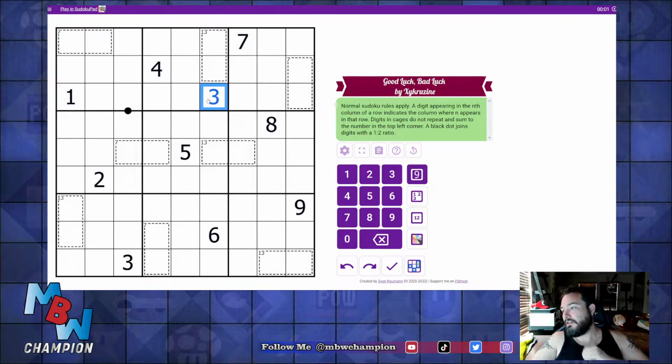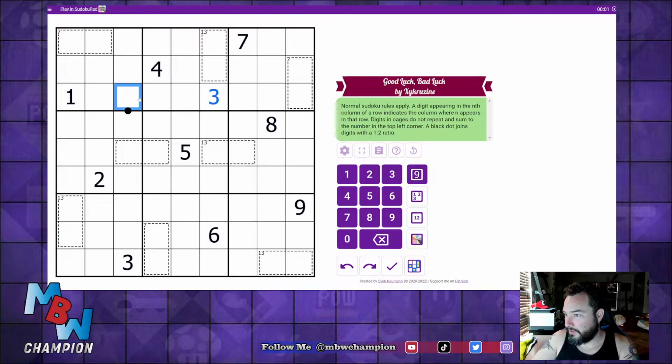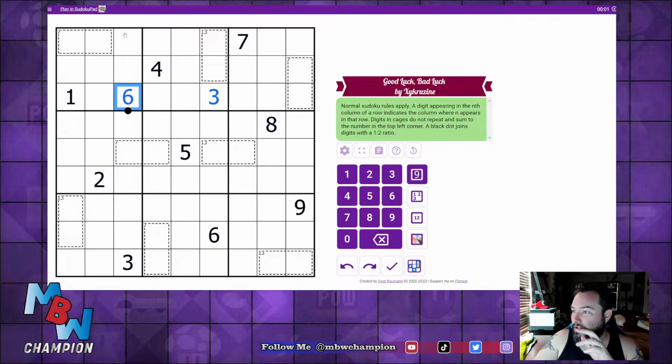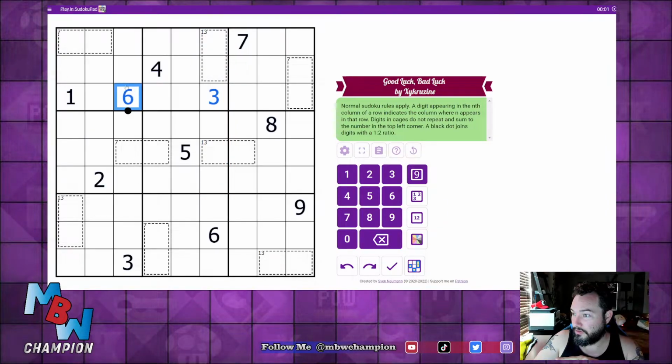Oh, okay. So because this is a 3 right here and it's in the 6th column, that means the 6 must be in the 3rd, because I put 3 right there. So basically this 6 means in this column it's the 3rd column here.